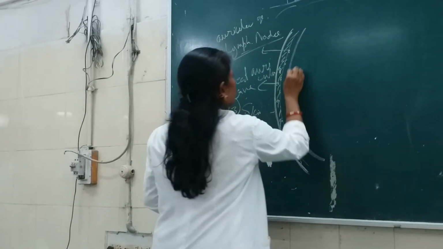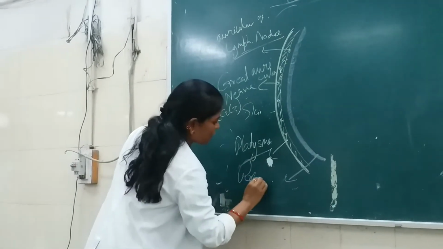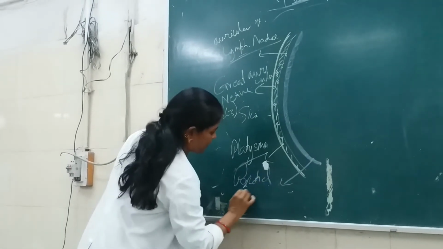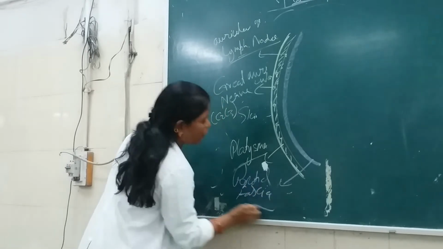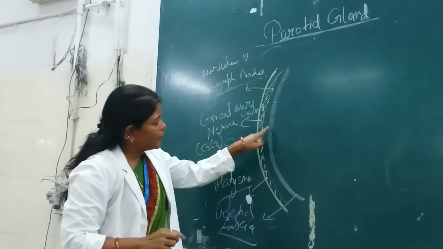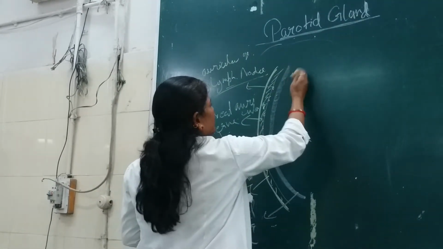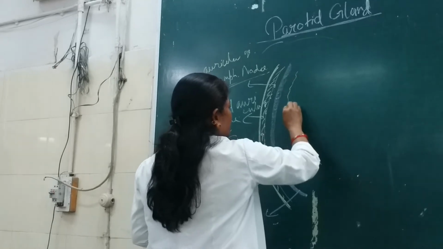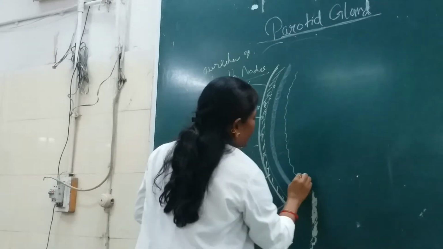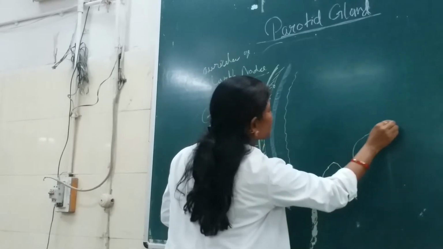This blue line is the parotid fascia. This is the superficial group of lymph nodes. After that there is the gland. These are the parts of the gland, and the gland is like this.